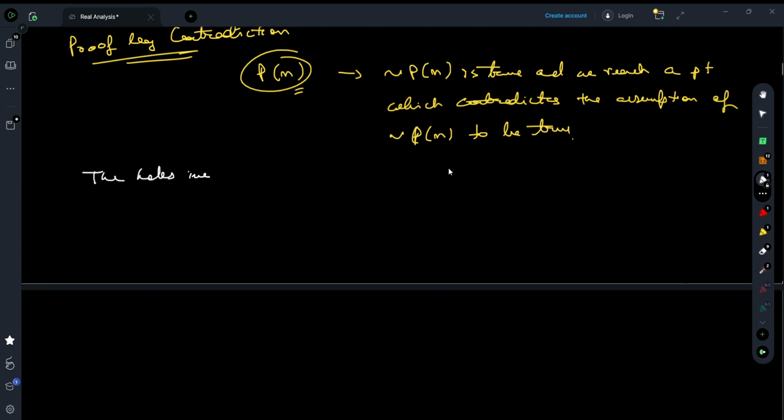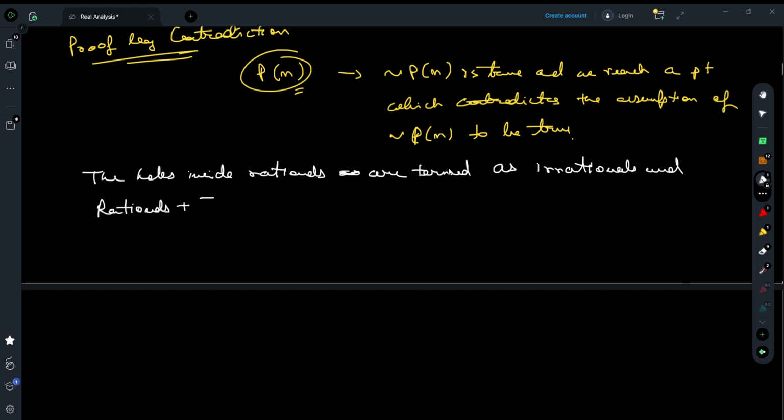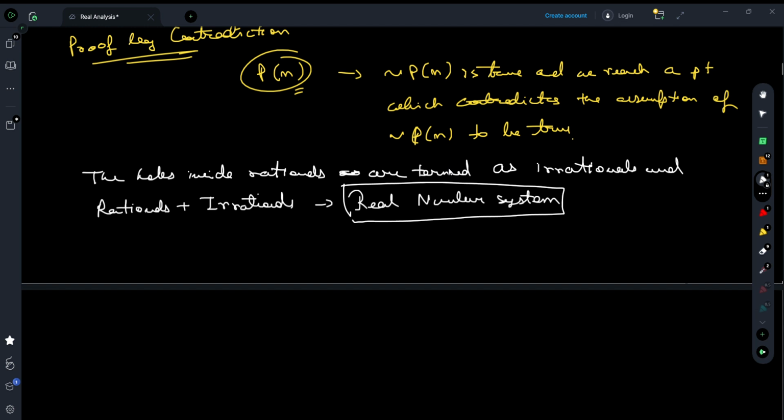So the holes inside rationals are termed as irrationals, and rationals plus the irrationals make up the complete number system which we call the real number system.